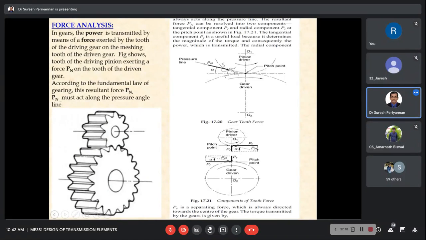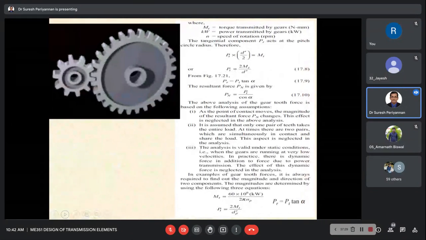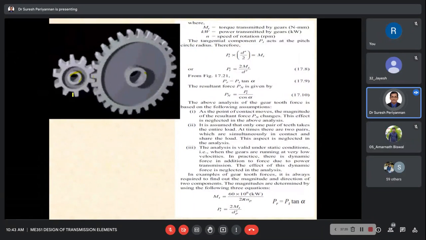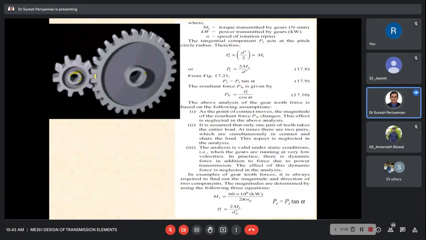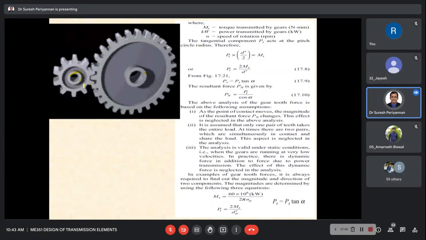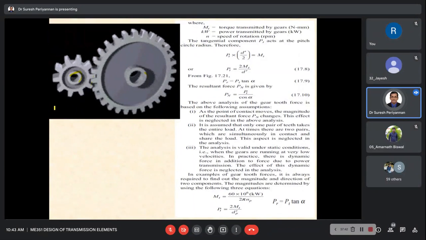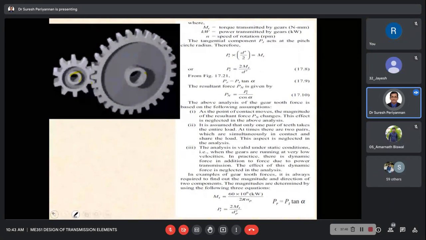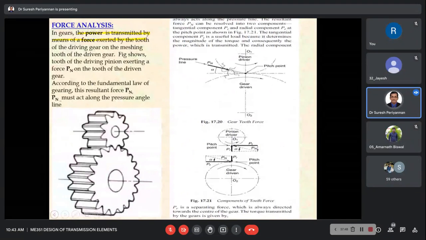The power is transmitted by means of the force exerted by the tooth. This may be a driving gear, this may be a driven gear, or vice versa. One tooth exerts force on the other tooth, and then the power is transmitted. That is what we are going to analyze.